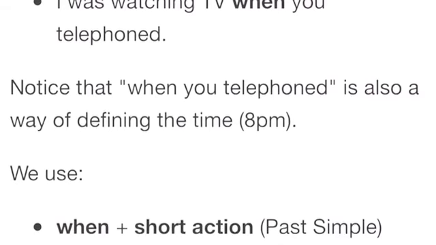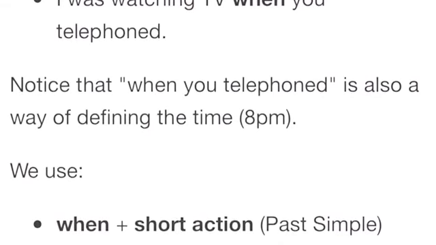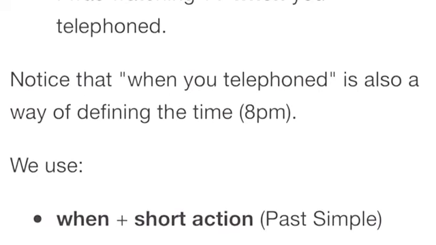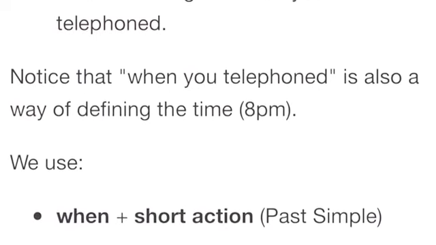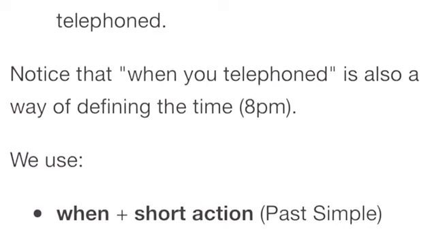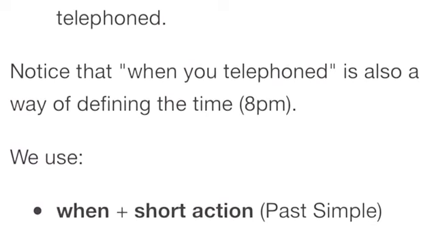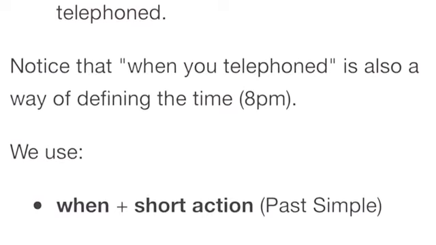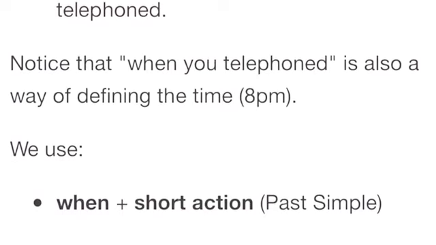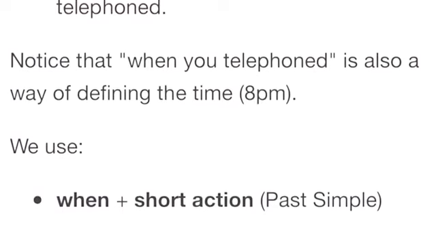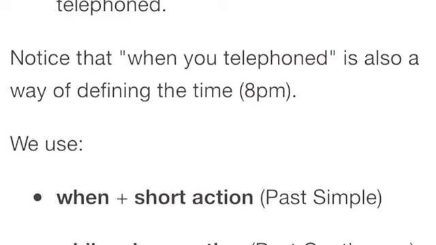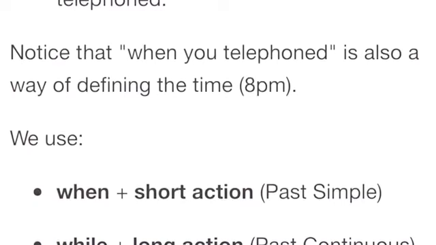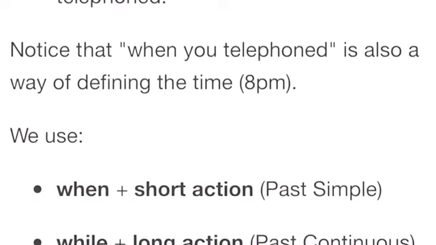Now see here, if you notice this particular example, we can join it with when: I was watching TV when you telephoned. Now here, when you telephoned is also a way of defining the time, that is 8 p.m. If you see the table properly, you will understand that from 7 p.m. to 9 p.m. I was watching TV.